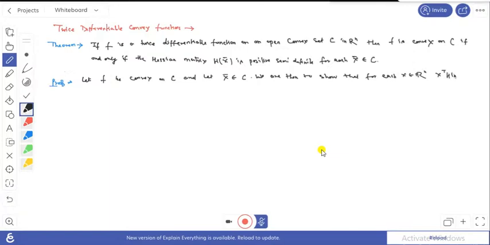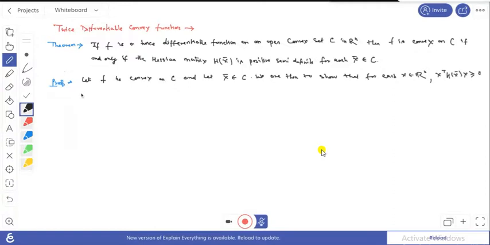This means x transpose H of x bar x is greater or equal to 0. Okay, you have to prove that for any x that belongs to Rn, x transpose H(x bar) x is also greater or equal to 0. This means your matrix is positive semi-definite.